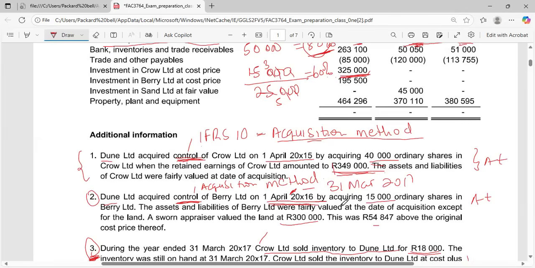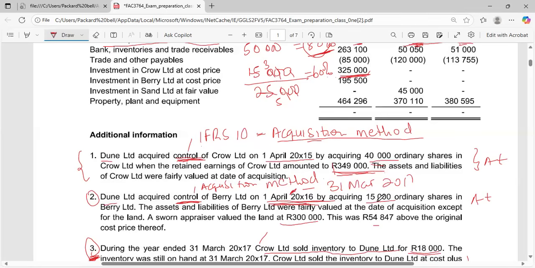So always look at the date of acquisition and the date of consolidation so that you know whether you are going to have what was accumulated since acquisition to the current year. In this case, we don't have since acquisition to the beginning of the current year because the acquisition date falls within the current consolidation financial year.